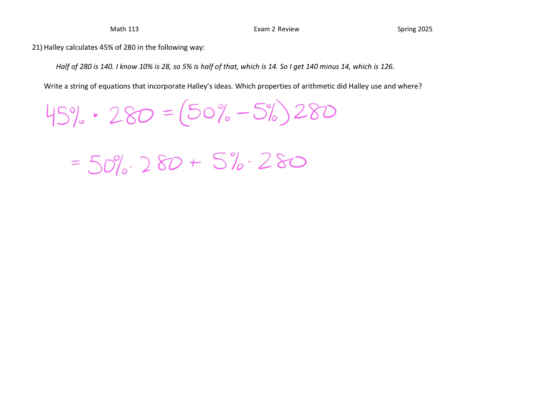Now, 50% of 280, Hallie says, okay, that's the same as half of 280, which is 140. And then to do 5%, she did 10% and took half of that. So instead of 5%, we're going to look at that as half of 10% of 280.